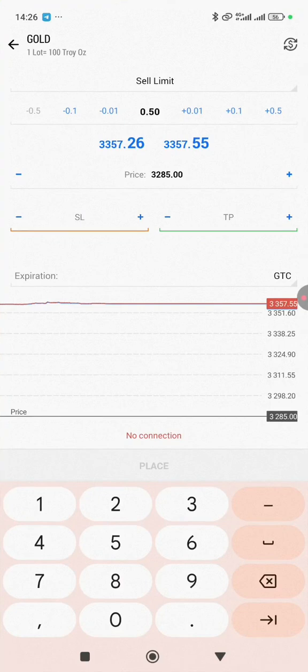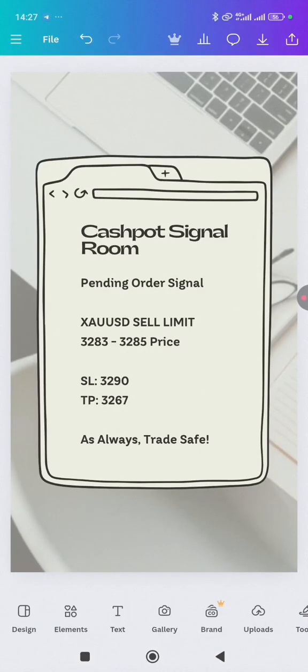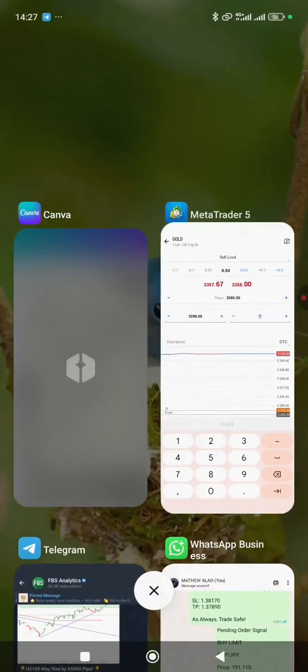So if after execution of this the price reaches 3290, which is just 50 pips from the price I am selling from, then I'm out. My take profit, I'm saying I want to sell when I get to 3267.